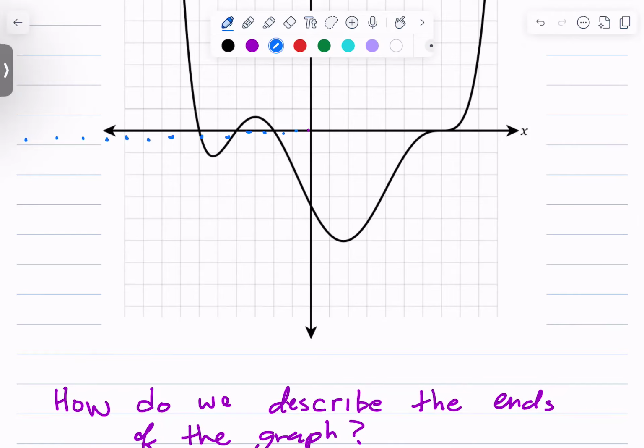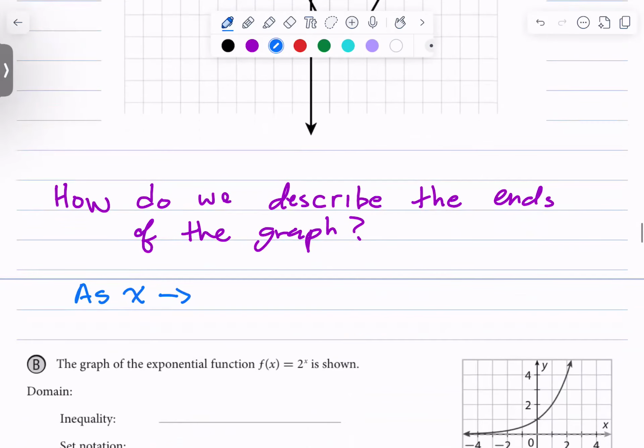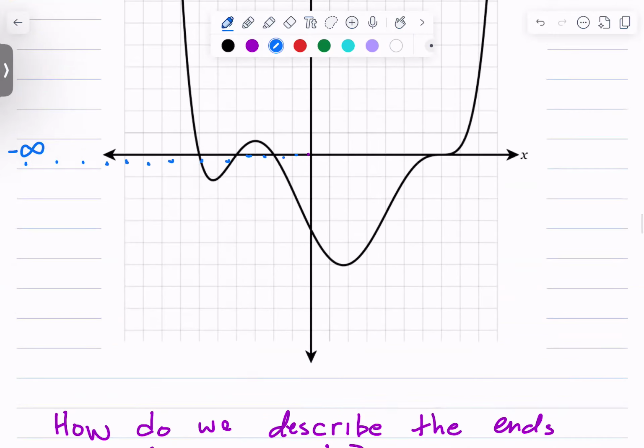I'm going towards negative infinity. So as x approaches negative infinity, how do I describe the end of the graph positively?